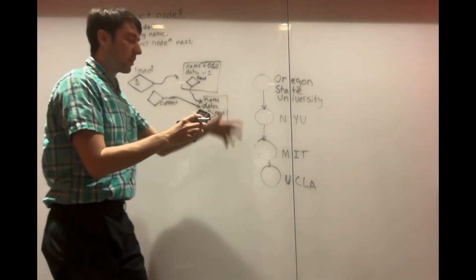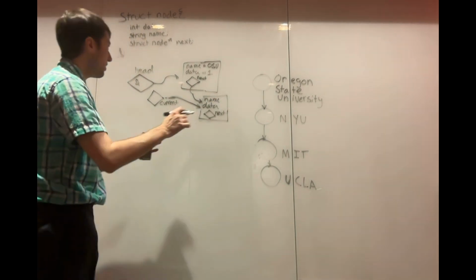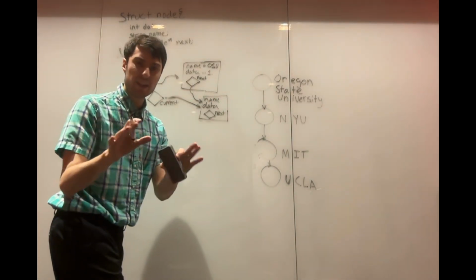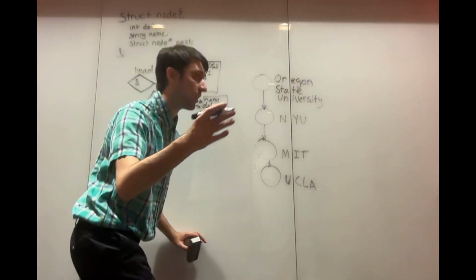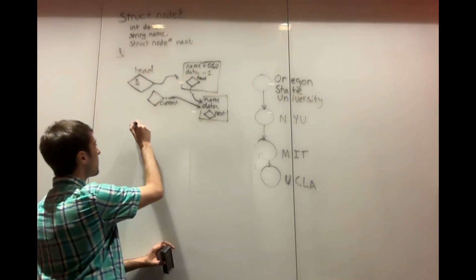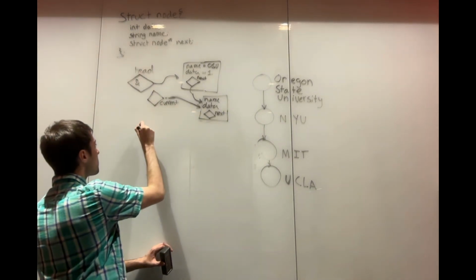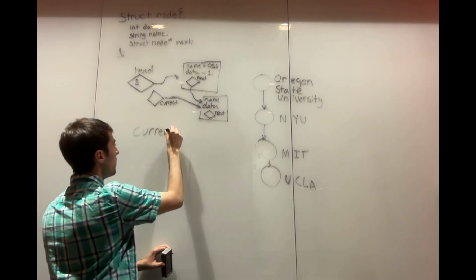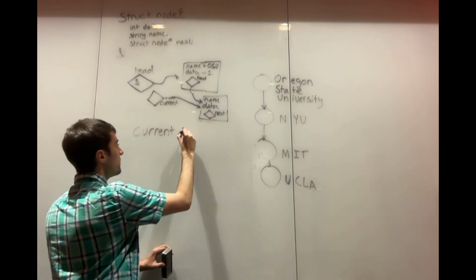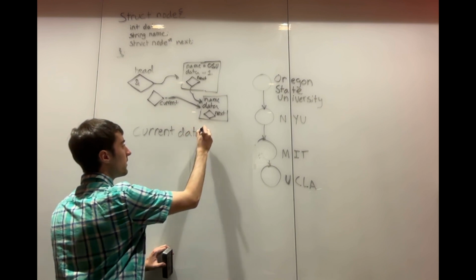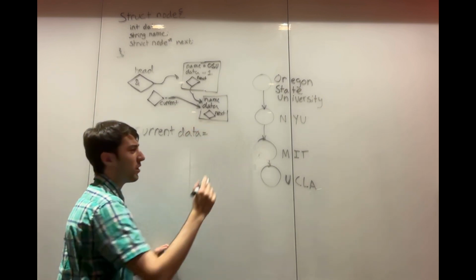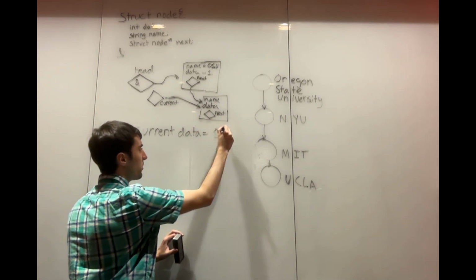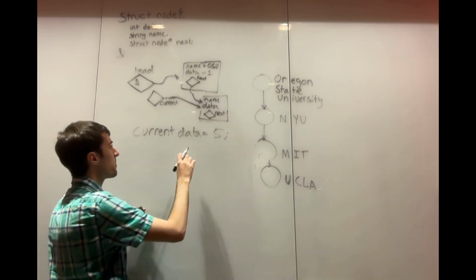So now we want to set this up to be NYU. Well, you should have a general idea of how this is going to go, but I'm going to write it out anyway. So what we're going to do is current data equals NYU. Let's say it's ranked number 5, okay?